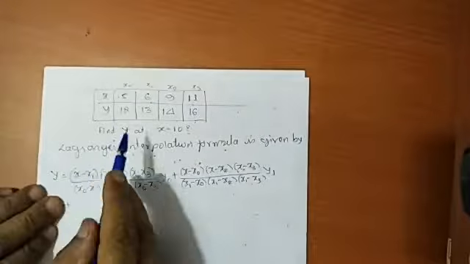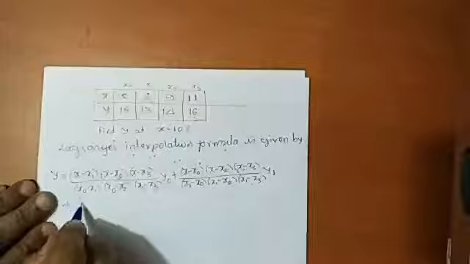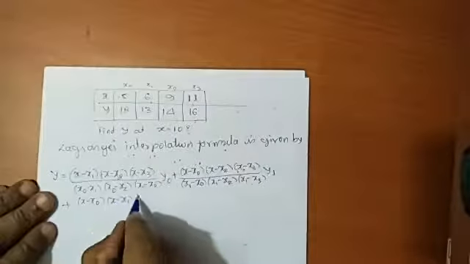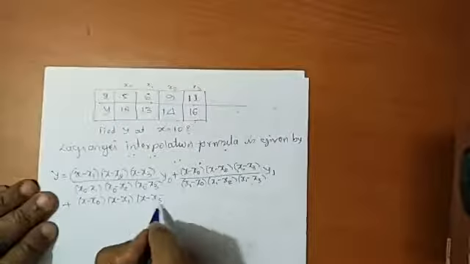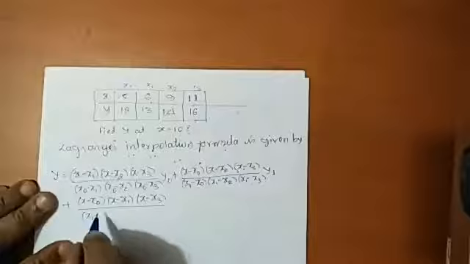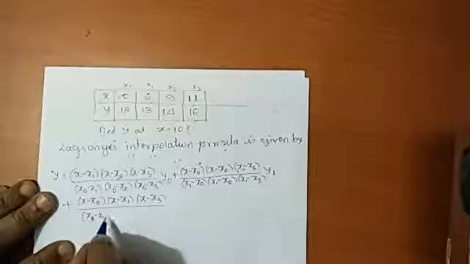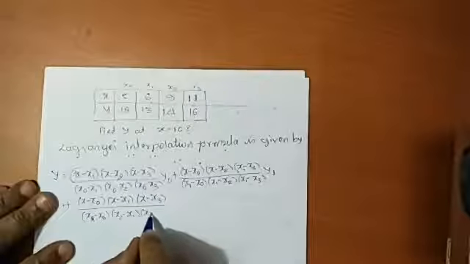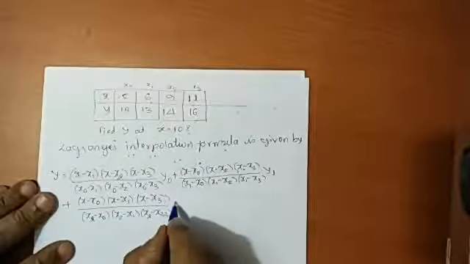In the third term, the x − x2 term will not be there. You see, it is (x − x0)(x − x1)(x − x3) divided by (x2 − x0)(x2 − x1)(x2 − x3) times y2.